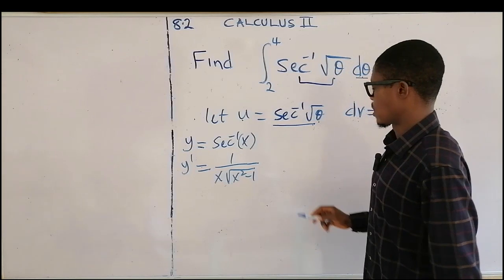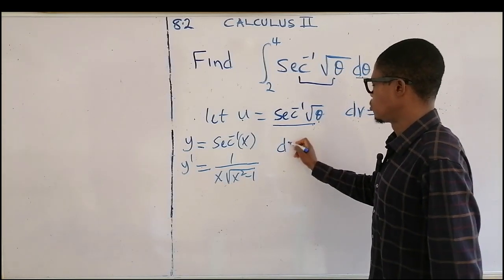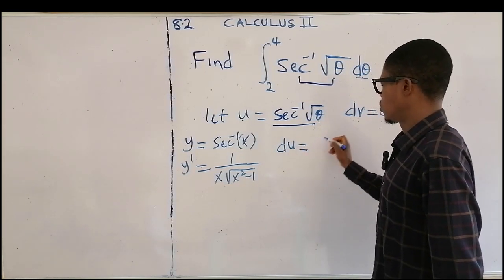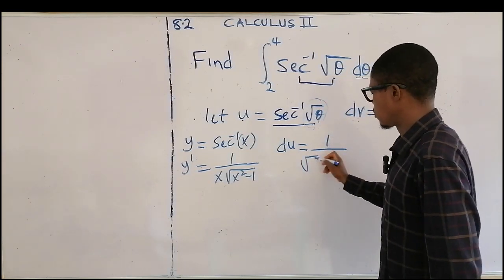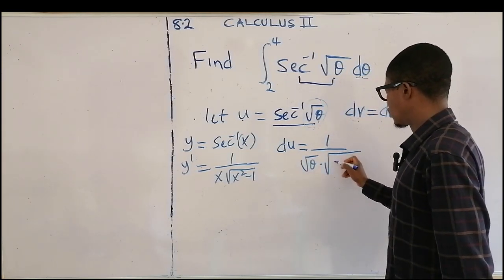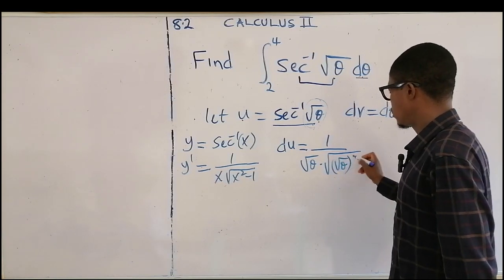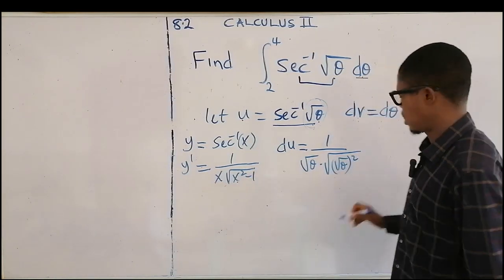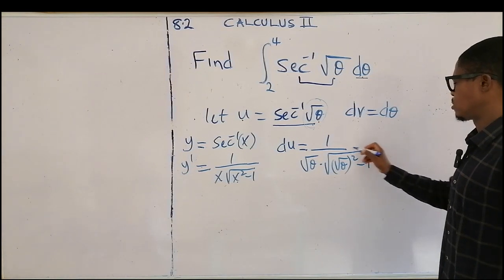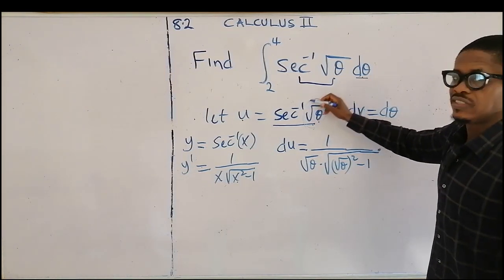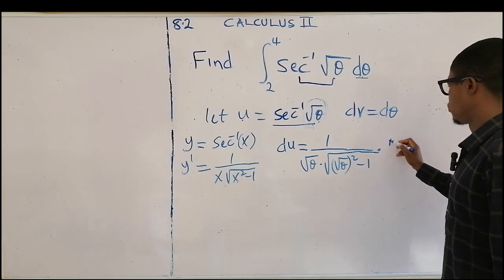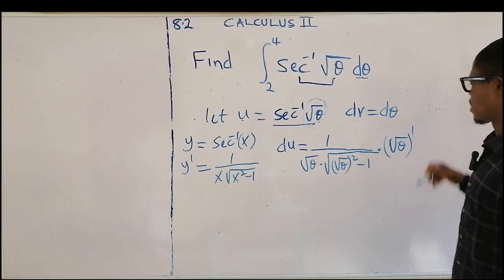So in that case, your du will be equal to 1 over the function here, that's the square root of theta, times the square root of theta squared, that's your x squared, minus 1. And that does not stop there, times the derivative of this inner function. Now I will use a prime.